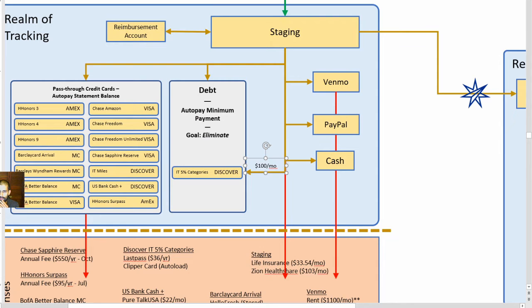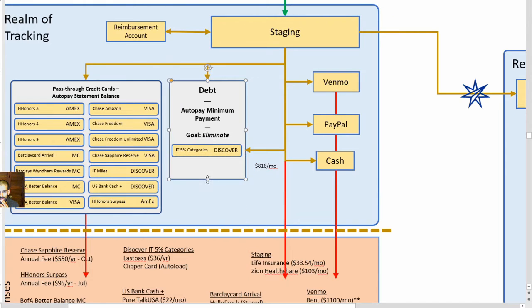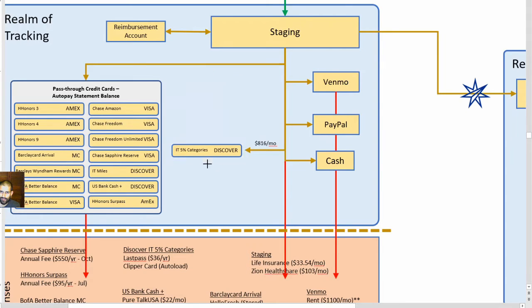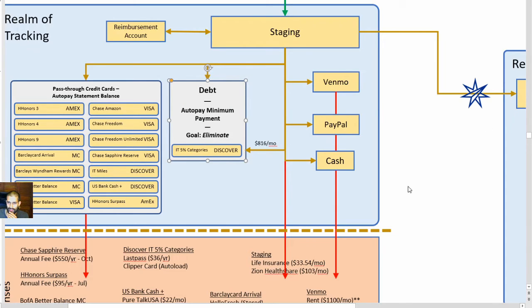So what I'm going to do is set this at $816 a month, and this is now something that I'm not going to worry about. I'm not going to touch it. Actually, this should really be in the debt series, the 3.0 series, so I'm going to make a separate video on this.